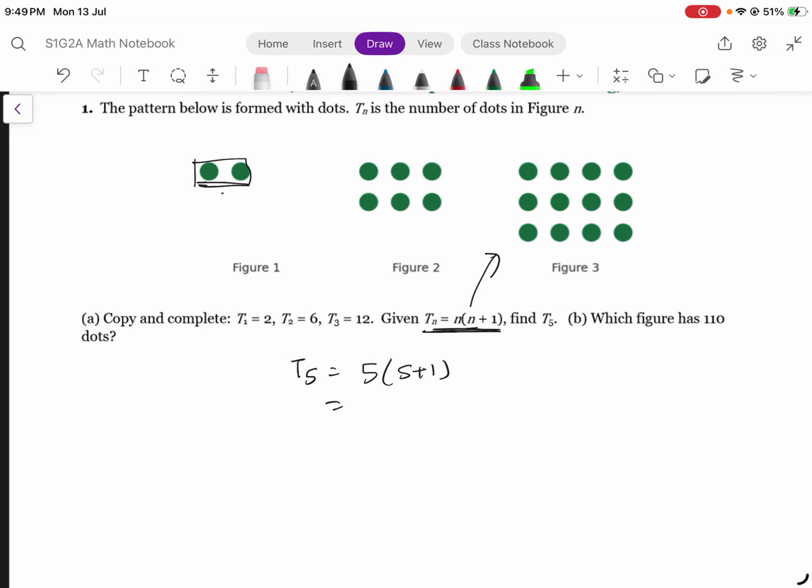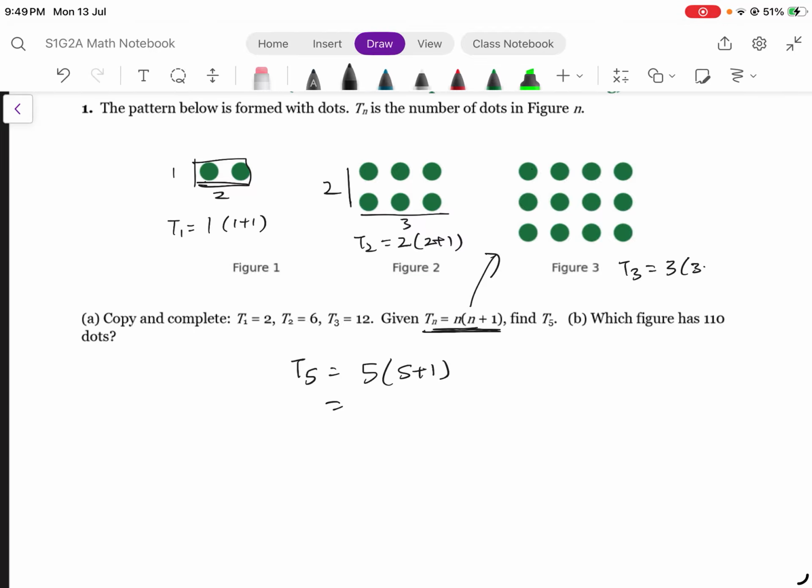Let's say you have T1. It is 1 row times 1 plus 1, so 1 times 2. The next one is T2. It is 2 rows times 2 plus 1, which is 3. Then the next one is T3.